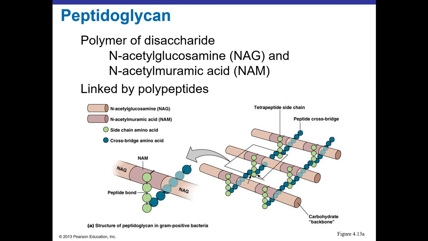There are also these peptide cross bridges that are just short chains of amino acids that are going to help to link the beams together. And we also see these tetrapeptide side chains that kind of go in the upward direction. These are going to help us to stack on these layers, which is going to be important for gram-positive organisms.